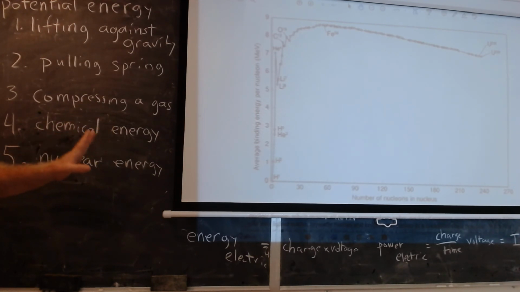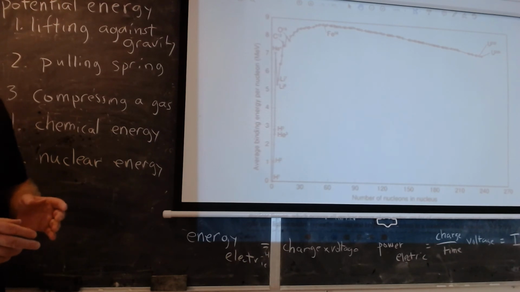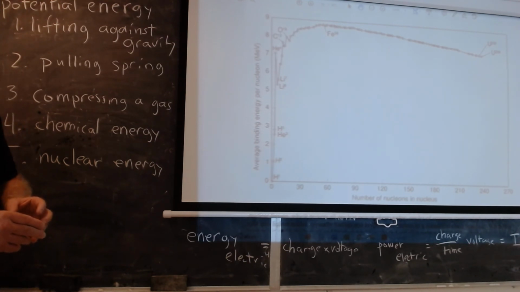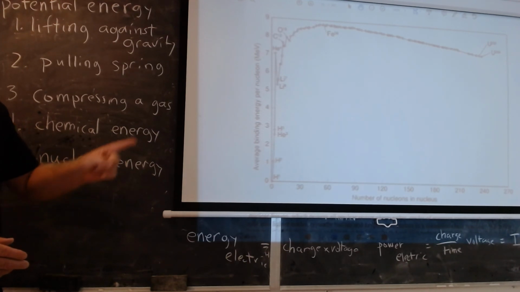What this chart is showing is that, for example, iron at the top of that curve is a more tightly bound nucleus than, for example, uranium. And so when you have what's called a fission reaction, which we'll cover in more detail later, that uranium nucleus splits into two lighter nuclei. And so the products of that nuclear reaction are further up on that curve.